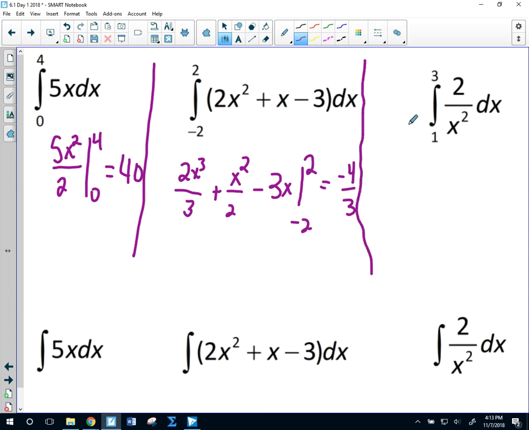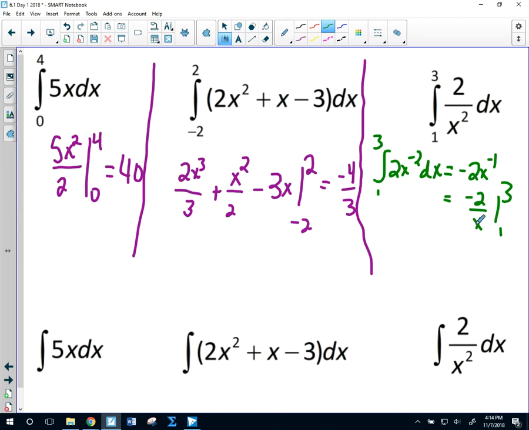Okay, and then this one over here is best done, at least I think, if you rewrite this as 2x to the negative 2 dx. And so this antiderivative becomes negative 2x to the negative 1, or if you like, negative 2 over x, and evaluating that from 1 to 3.